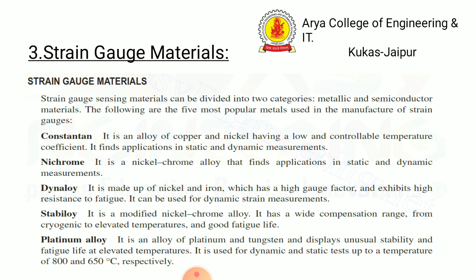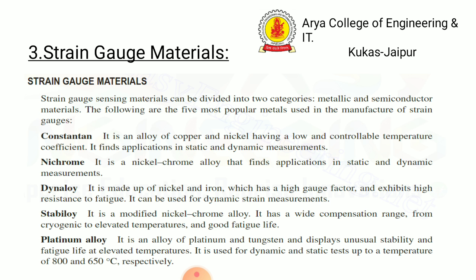It finds application in static and dynamic measurements. Second, nichrome. It is a nickel chrome alloy that finds application in static and dynamic measurements. Next, Karma. It is a nickel chrome alloy that finds application in static and dynamic measurements.